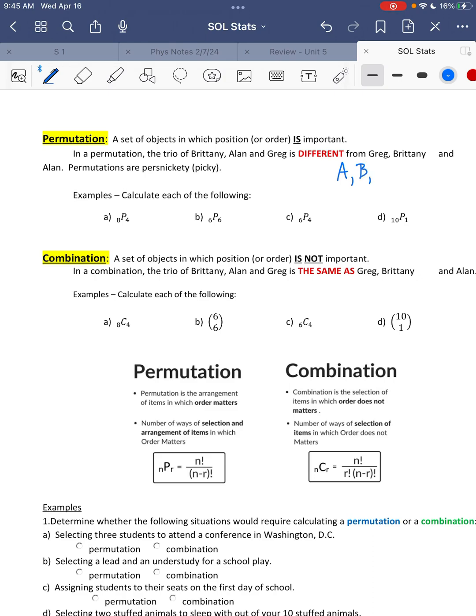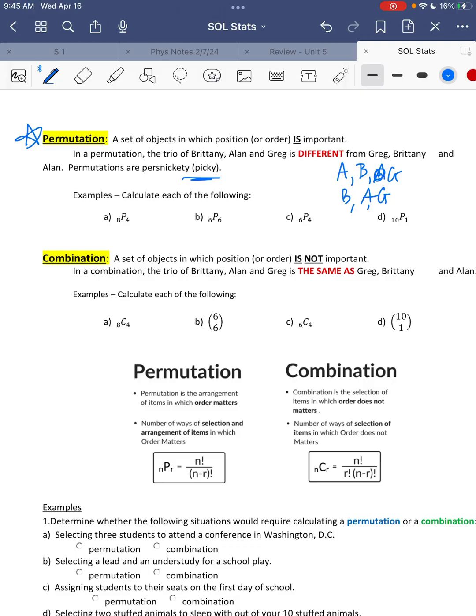So Alan, Brittany, and Greg is different than Brittany, Alan, and Greg because they're getting different offices, right? So when the order matters or when people are getting a different thing out of their selection, that is a permutation. So remember, permutation is picky. Permutation is picky. The order matters, okay?